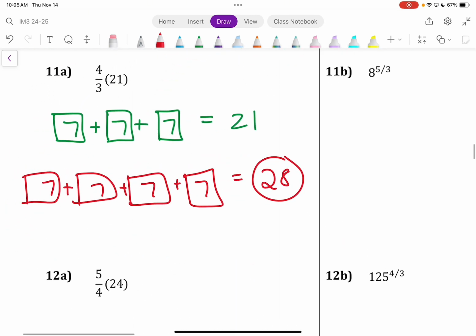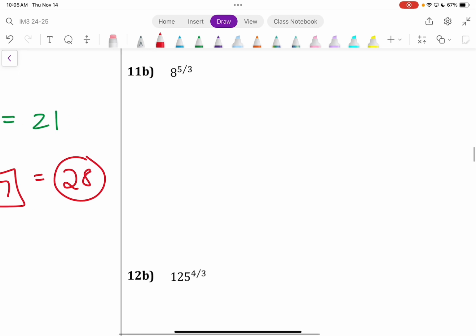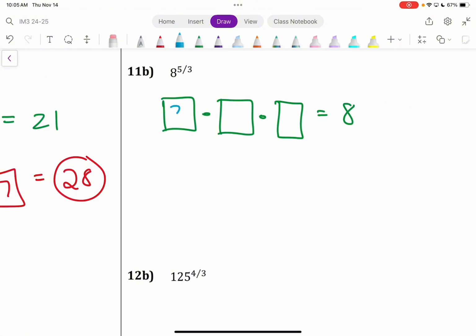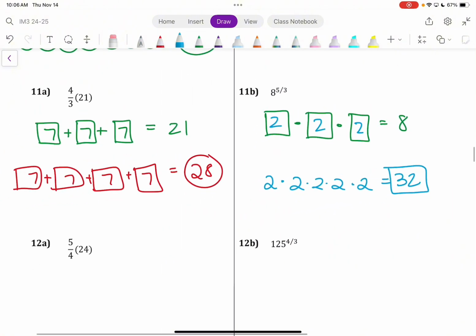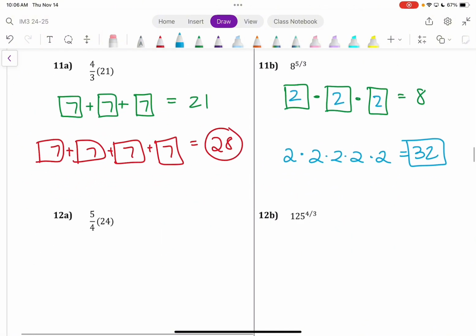And then 11b, 3 groups multiplied together to equal 8 would need to be made up of 2. And I want 5 of these, so 2 times 2 times 2 times 2 times 2, which is equal to 32. Okay, check your solutions for 11a and 11b. The first answer should be 28. The second answer should be 32.